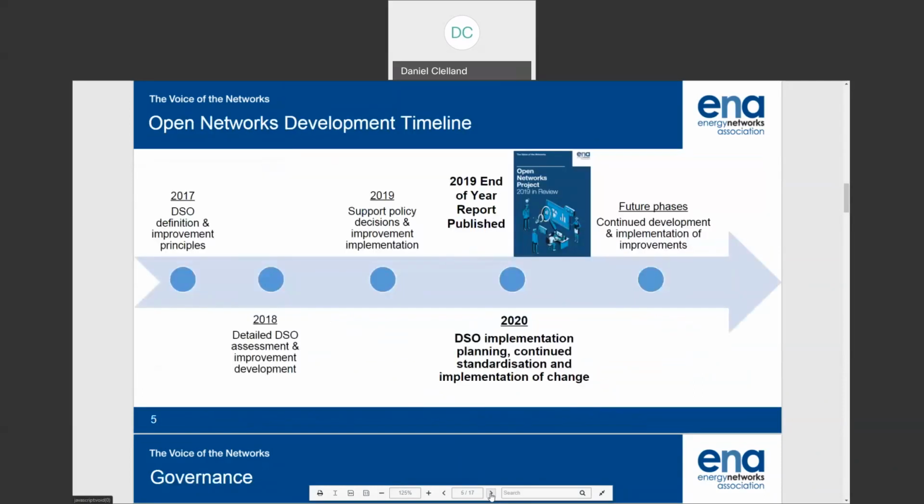In terms of the overall timeline the Open Networks project has followed, as you can see from this slide, we started back in 2017, which is very much a foundation year in terms of where the project goes. That was developed in 2018 in terms of planning out the improvements that were needed, with last year very much focusing on trying to implement things and actually make sure we were moving forwards. And that obviously continues into this year.